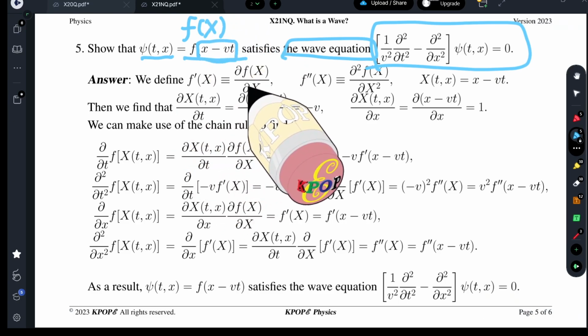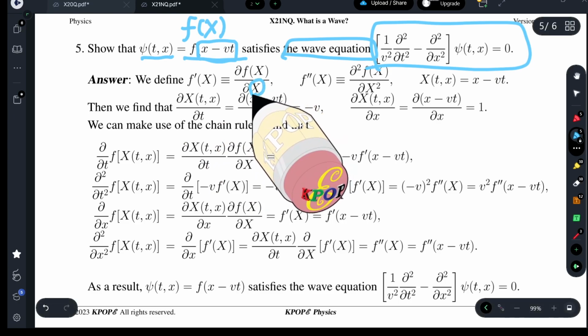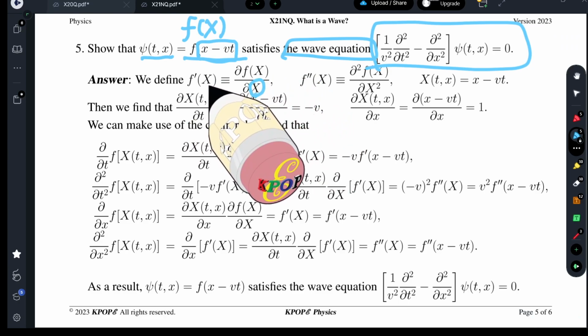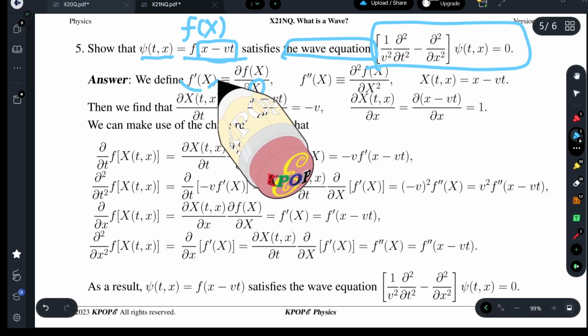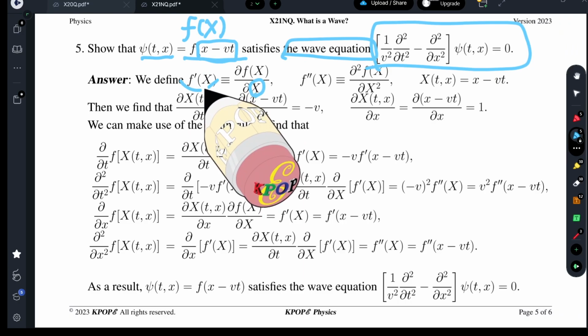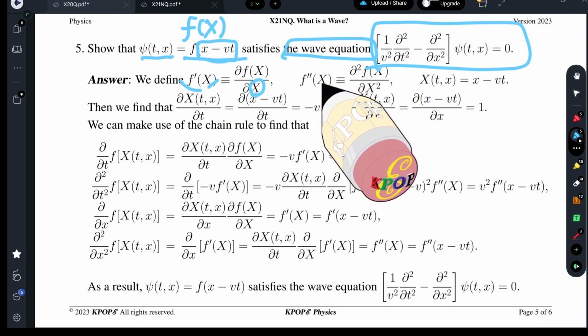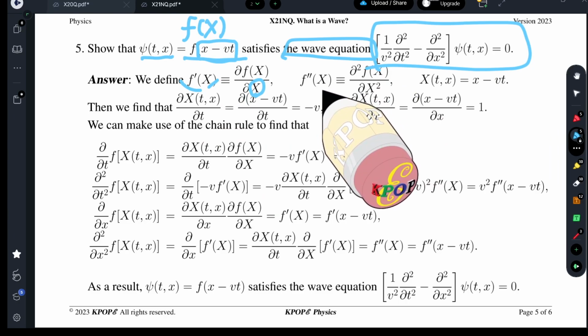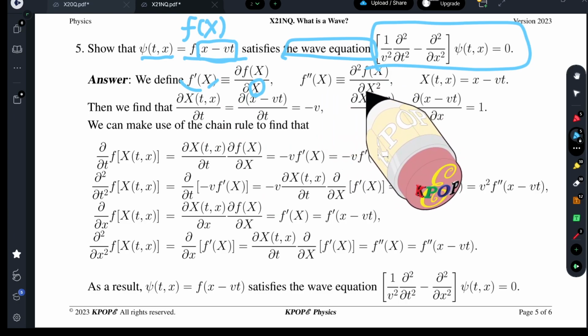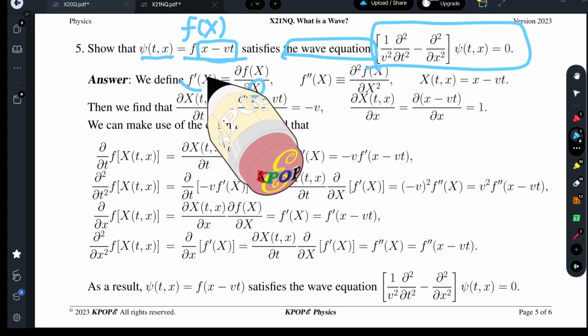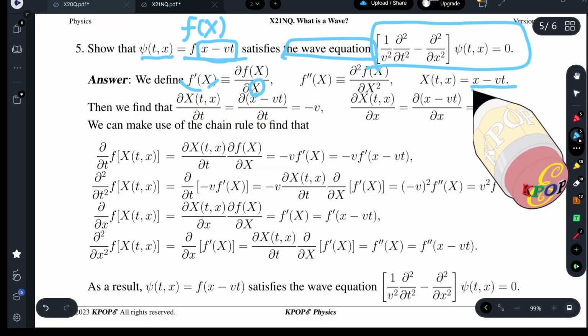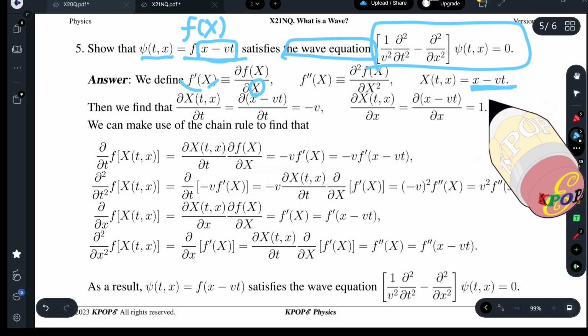If I take the derivative with respect to this capital X, we find f prime of X, and the double prime of X is the second order derivative with respect to this argument, capital X. Now capital X is actually x minus vt.